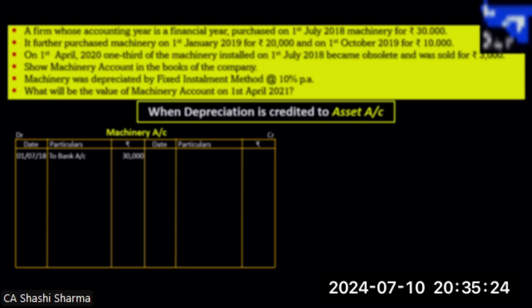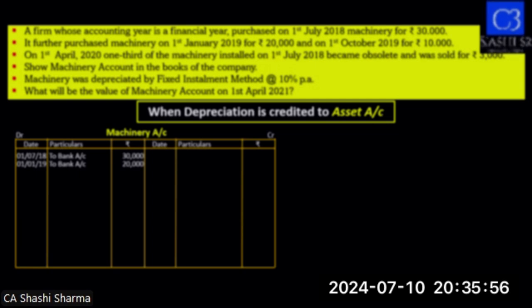So before that, on 1st January 2019, in the first year itself, another machinery was purchased. So again, we will debit this account for this second purchase of the machinery. So to bank account once again, rupees 20,000.